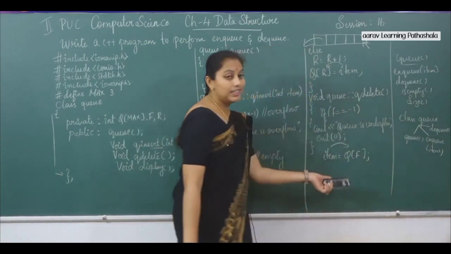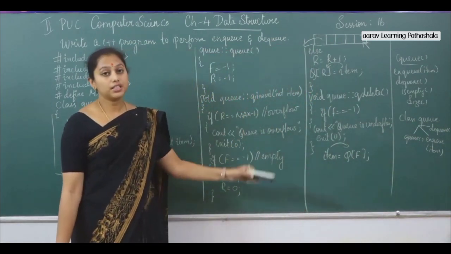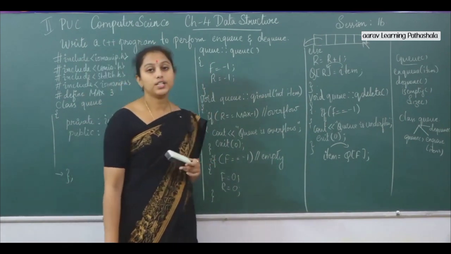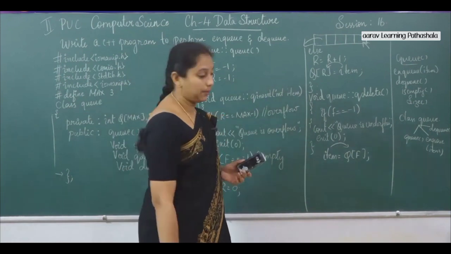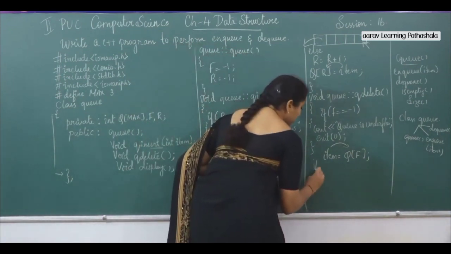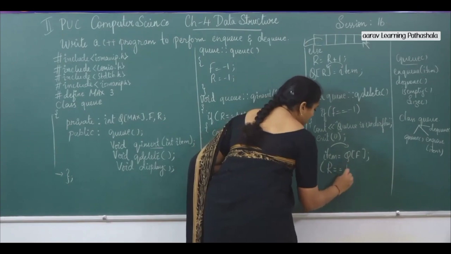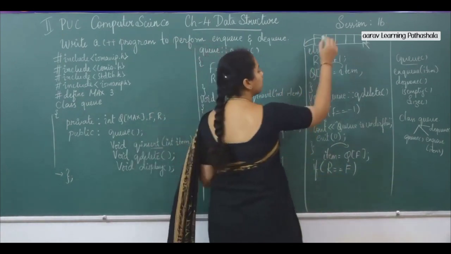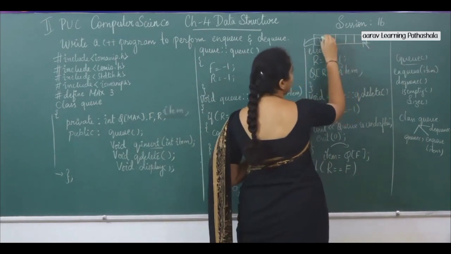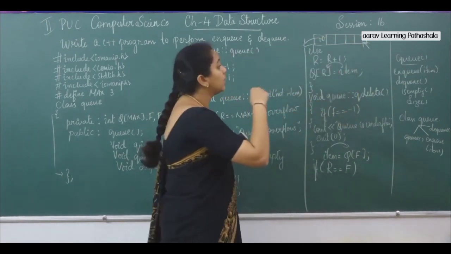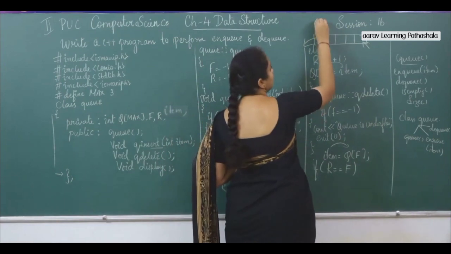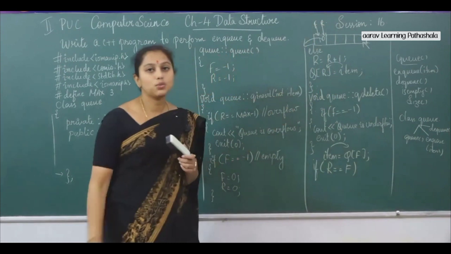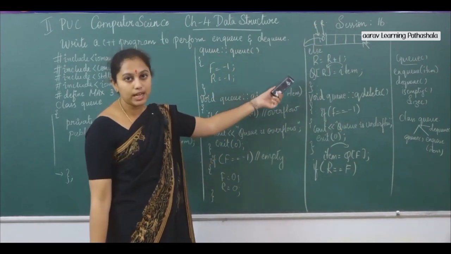After deleting an item, here we are checking for another condition, that is whether a queue contains only one item. If rear is equal to front, that is if this queue contains only one element, then the front pointer and the rear pointer are the same for that item.